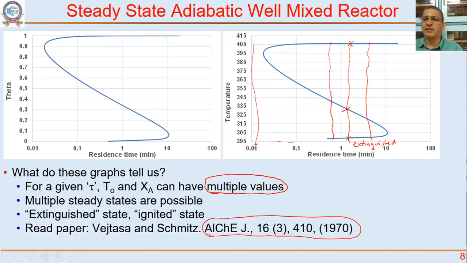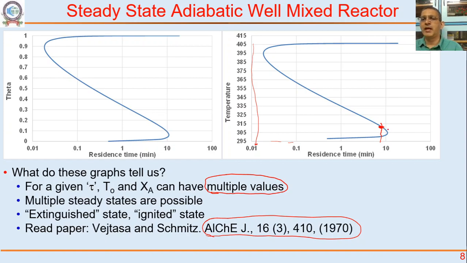For example, imagine that you are operating a reactor at, let's say, 5 minutes residence time, or 6 minutes or 8 minutes, somewhere here, and you are operating here.